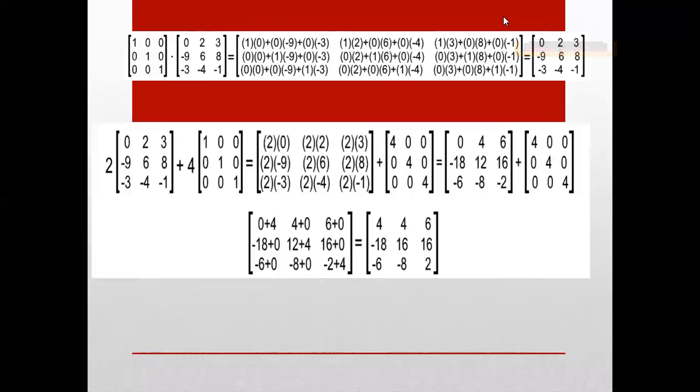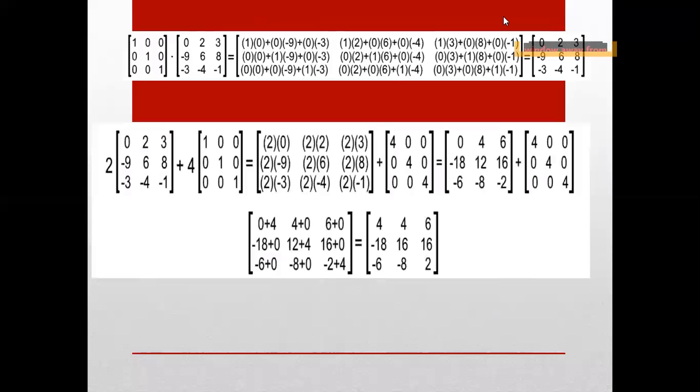Then the second operation you can call 2A plus 4I. It is matrix A multiplied by 2, that's why it is 2A plus 4I, meaning 4 multiplied by the identity matrix. The 4 multiplied by the identity matrix becomes 4 in the diagonal positions and 0 in the non-diagonal positions.